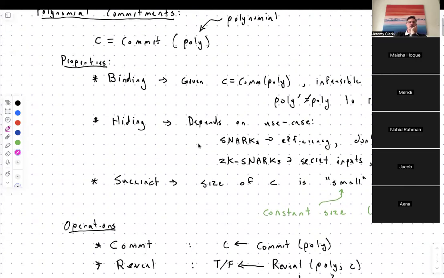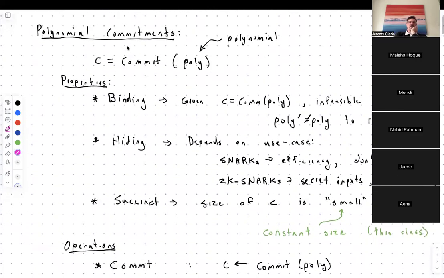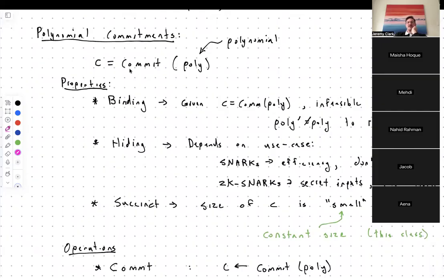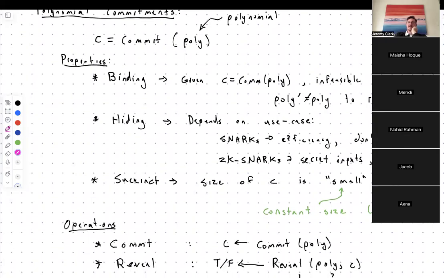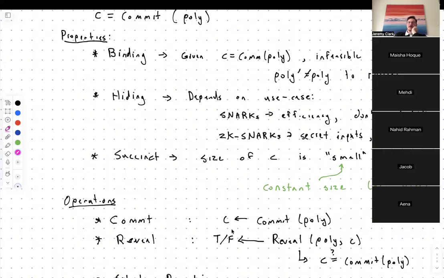Another thing you might think, if you know what a hash function is, is: why don't I just hash the polynomial? We can go through this and see why that works or doesn't work. If I hash the polynomial, it's binding. It's hiding. It's succinct. I can commit to the polynomial, I just have to hash it. I can reveal it, and then someone can take what I reveal and hash it and make sure that it matches what I said I was committed to.